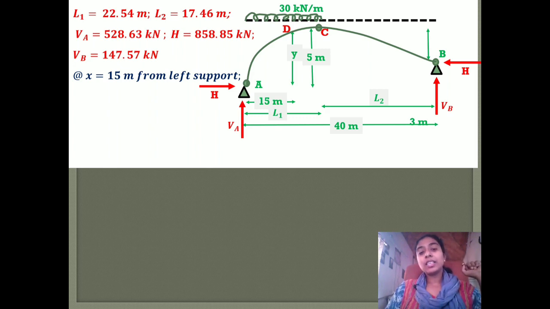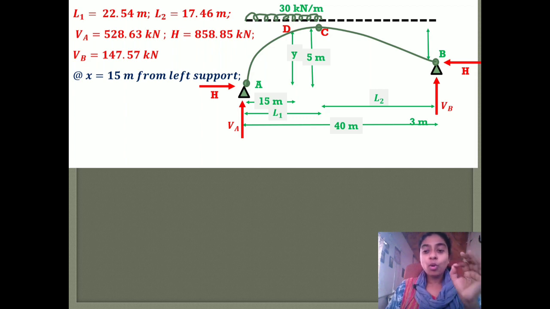So at x is equal to 15 meter from the left support, remember this is a parabolic arch. Parabolic arch supported at different levels. So anyway the shape is parabolic. So we know the relationship between the horizontal and vertical distance at any section for a parabolic arch.